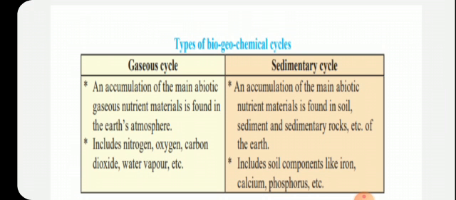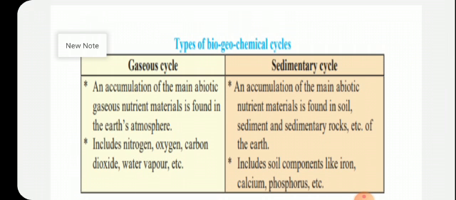Accumulations of the main abiotic gaseous material are found in the Earth's atmosphere. For example, if you take nitrogen, air contains 78% of nitrogen.